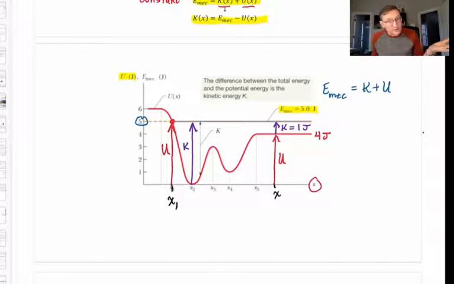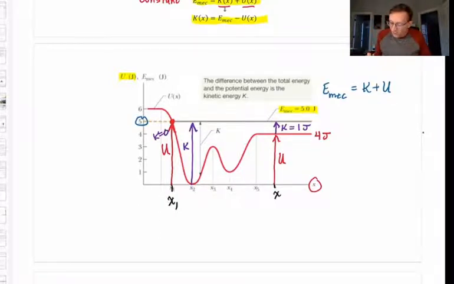But the mechanical energy is at 5 joules also. How much is left over for kinetic in this case? None. Right? The particle, when it's at x1, for the instant it won't stay there, for reasons we already know from the previous slide. But when it is at x1, for that moment, its kinetic energy is 0. It will be at rest.